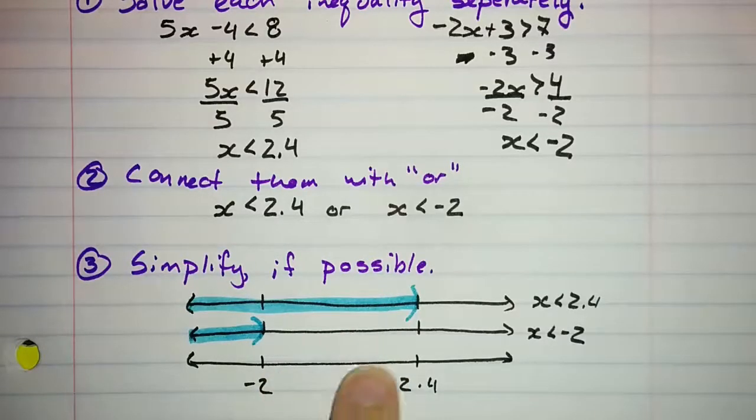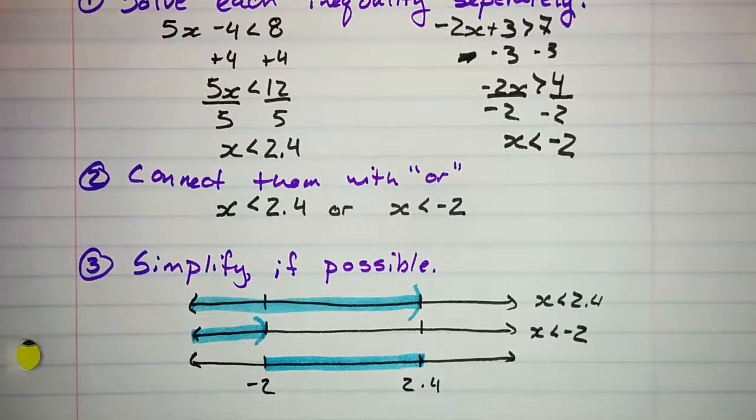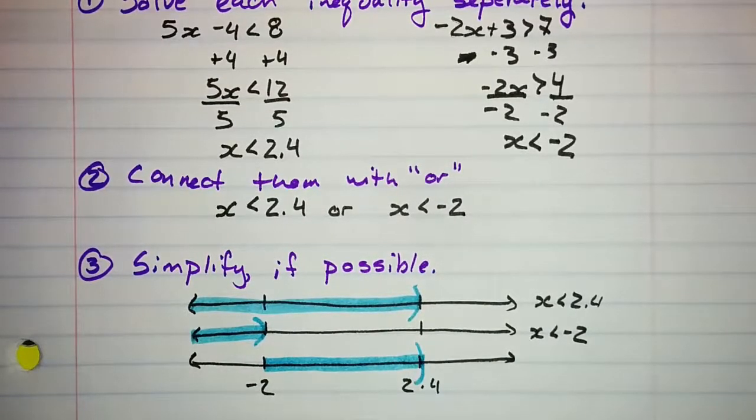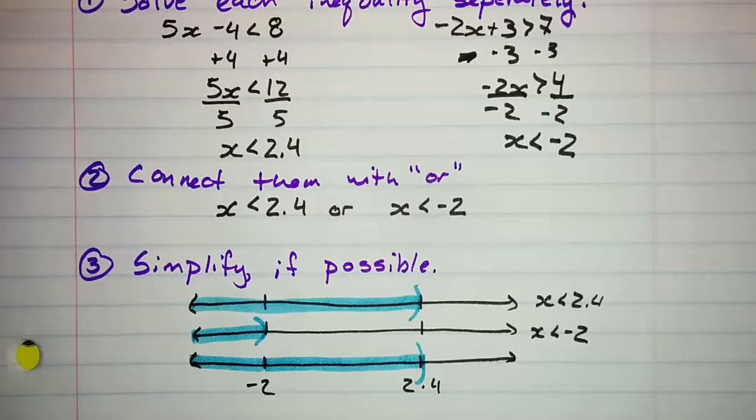So these points in between here are on this top ray, so they're in, with a round bracket over here. This point right at negative 2 is on the top ray. These points over here, well, they happen to be on both rays, so they're also in. Remember, one or the other or both.